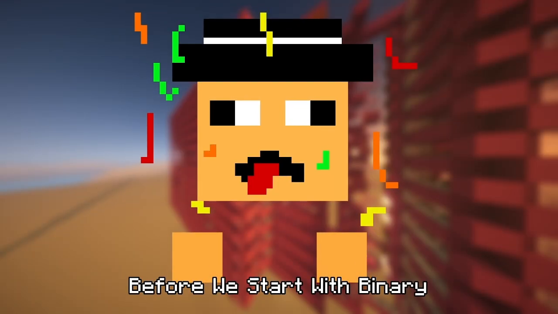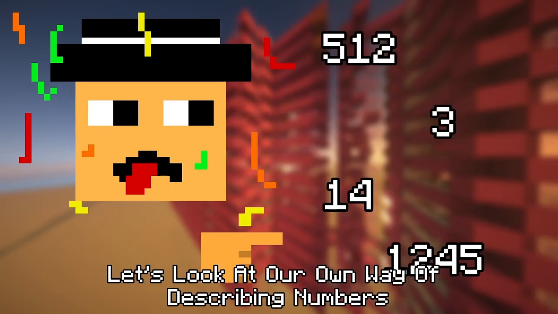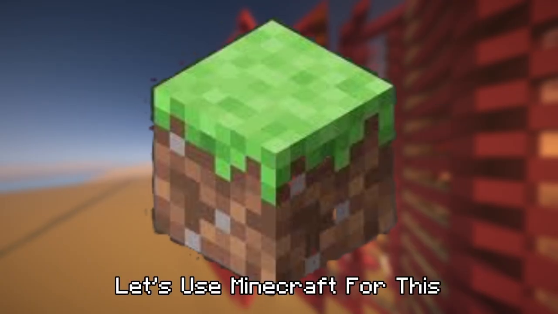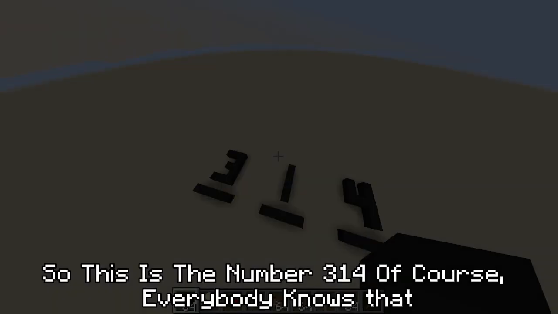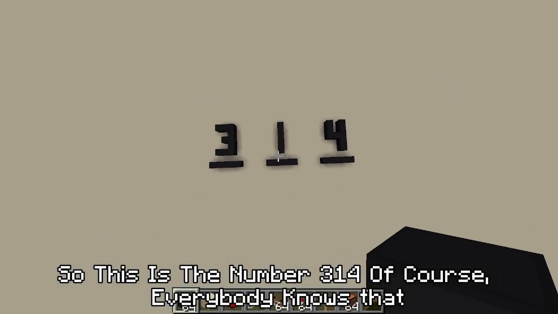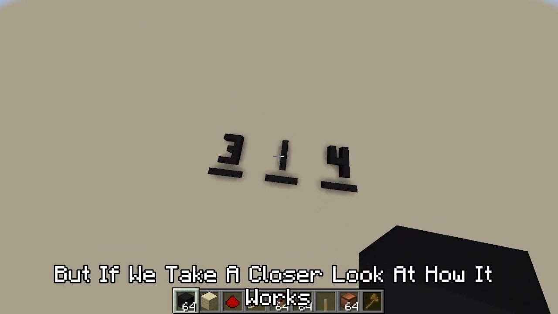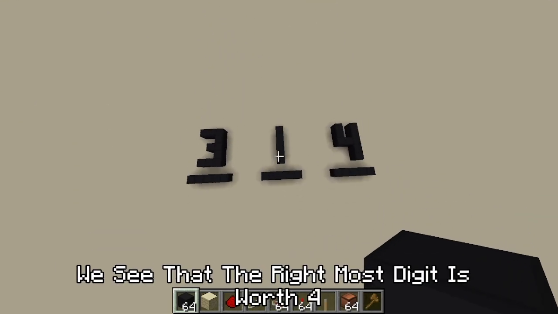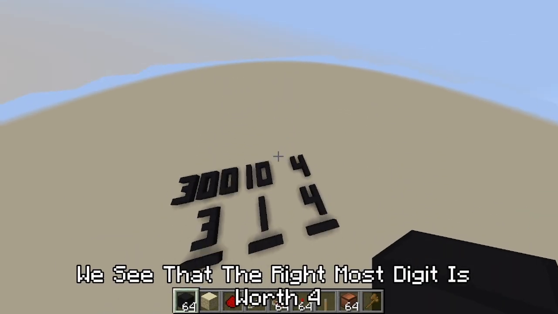Before we start with binary, let's look at our own way of describing numbers. Let's use Minecraft for this. So this is the number 314, of course. Everybody knows that. But if we take a closer look at how it works, you see that the rightmost digit is worth 1.